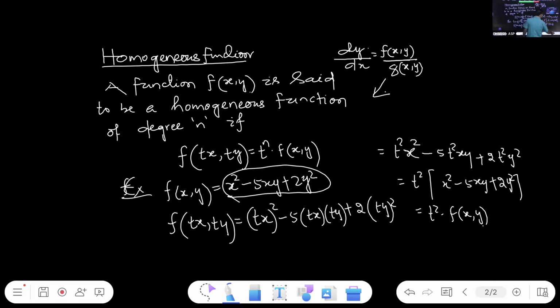Then how to solve a homogeneous differential equation? dy upon dx equals f of xy upon g of xy. Suppose f of xy and g of xy are homogeneous functions of degree n.